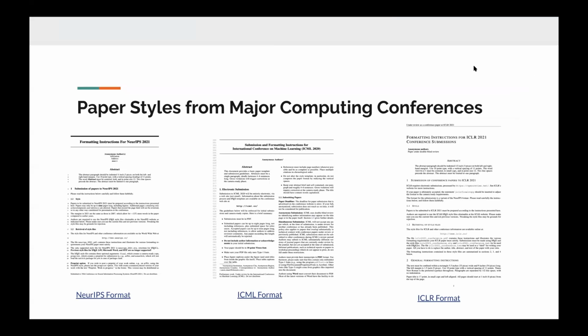For this course, we ask everyone, not just encourage, we ask of everyone to use the NeurIPS format, which is the one to the leftmost part of my screen. It's easier to use because it's a one-column page as compared to ICML, where you have two columns on a page and might be a bit difficult to navigate.